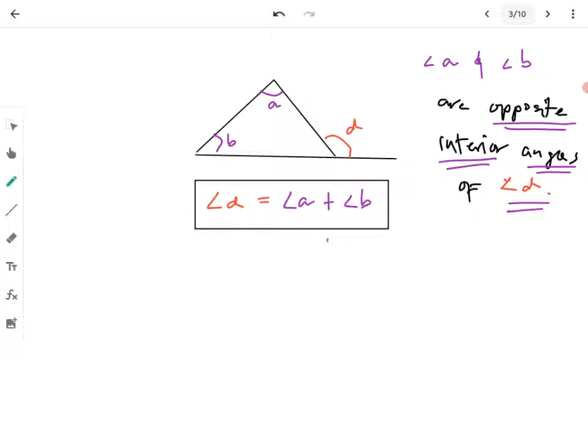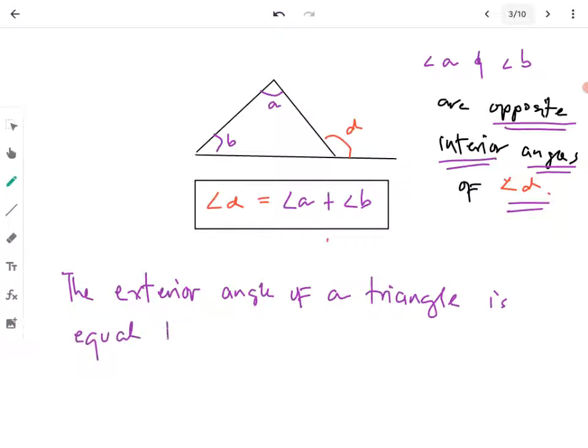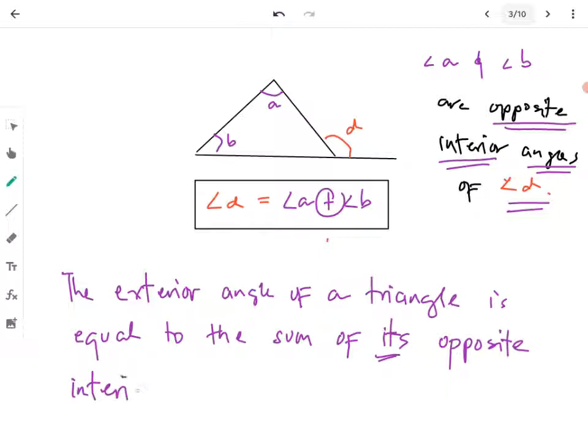If we make that in a statement: the exterior angle of a triangle is equal to the sum of its opposite interior angles.